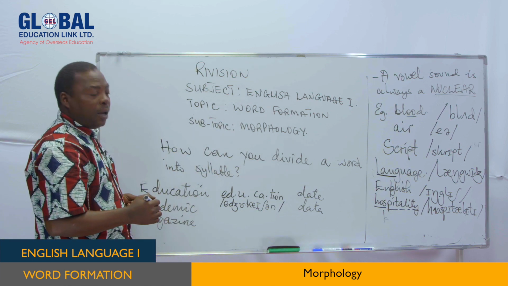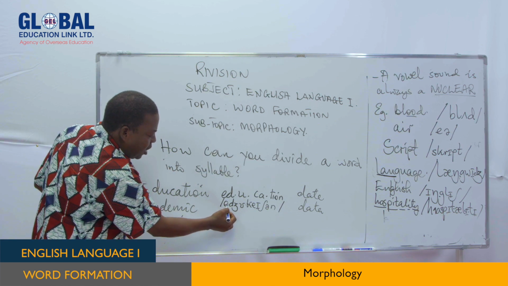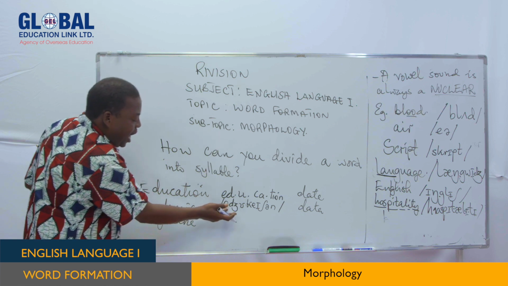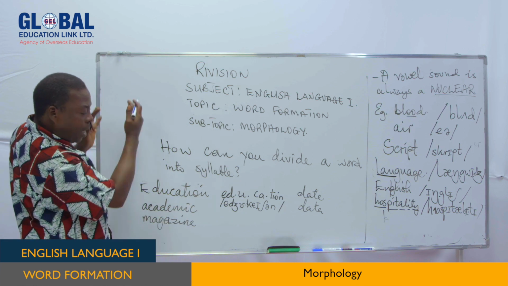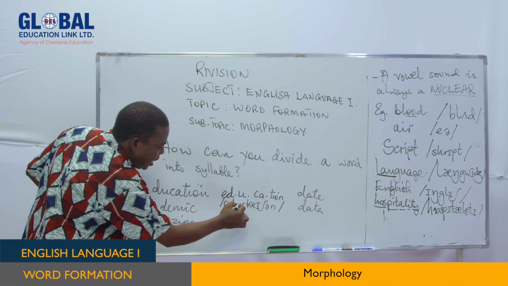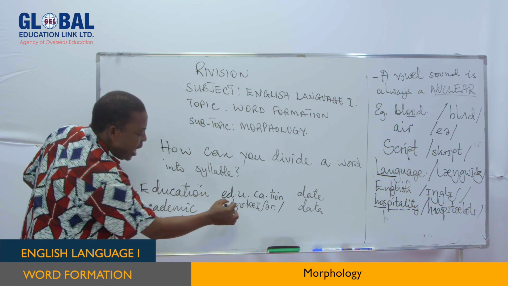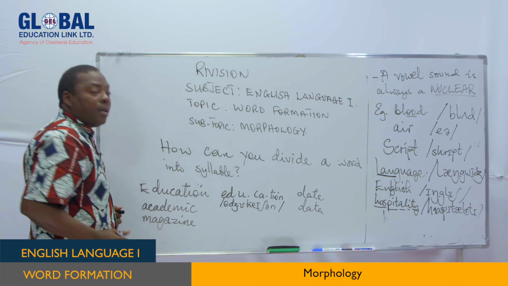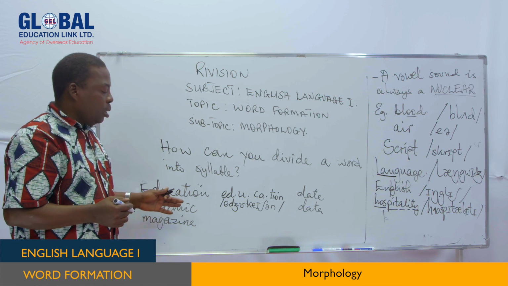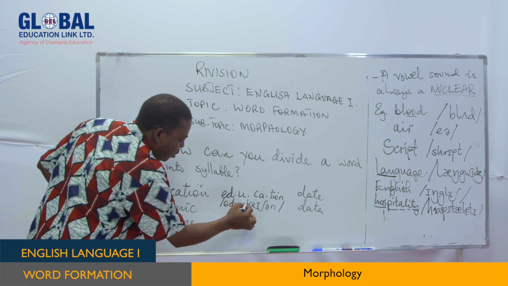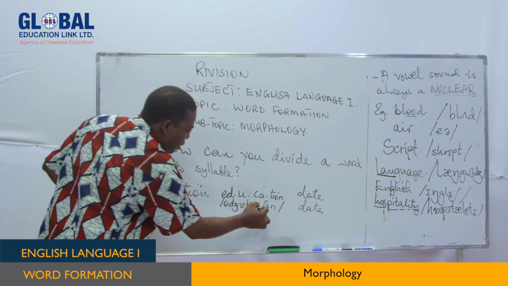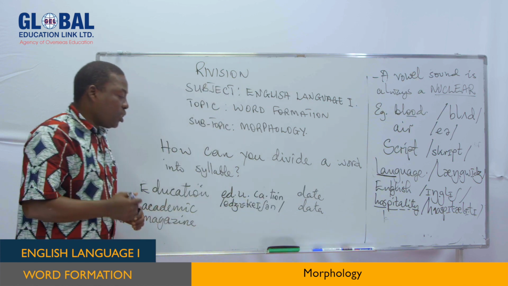Education. Now this E, as it is one of the restricted vowels, we can't leave it open, so it has to be closed by the following sound, edge. This one remains by itself, and so it reads education.